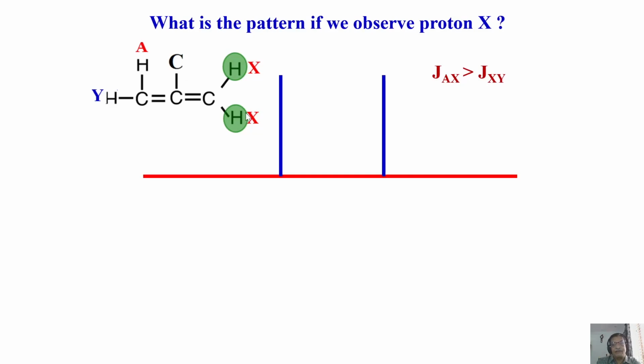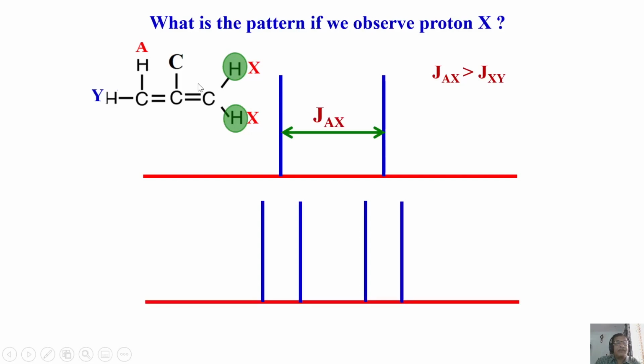Look at the multiplicity pattern. First, A splits this group into a doublet because this is the larger coupling AX. Then comes XY. XY is also a doublet, but this coupling strength is smaller, you see.